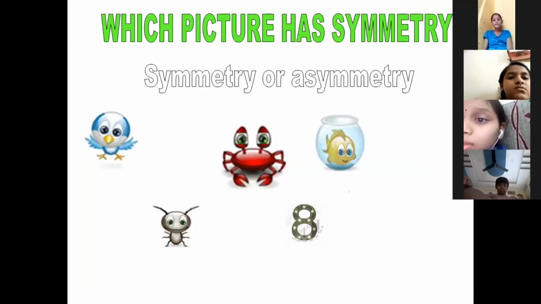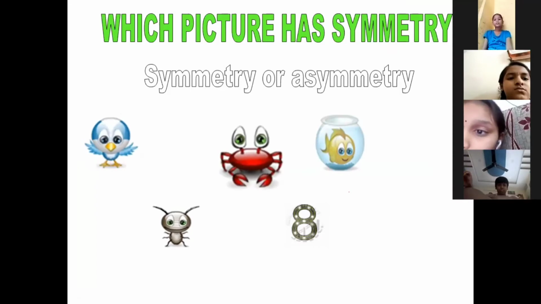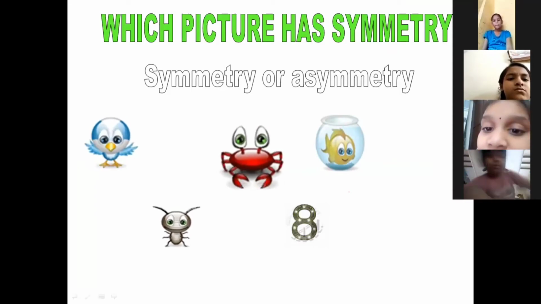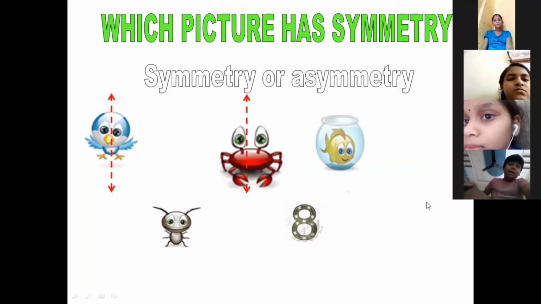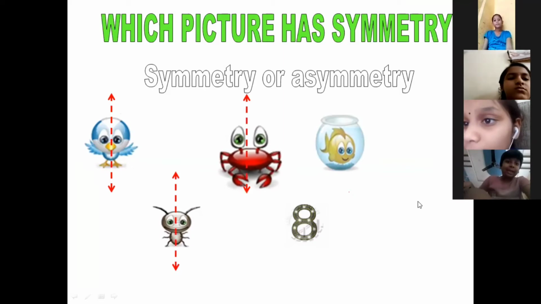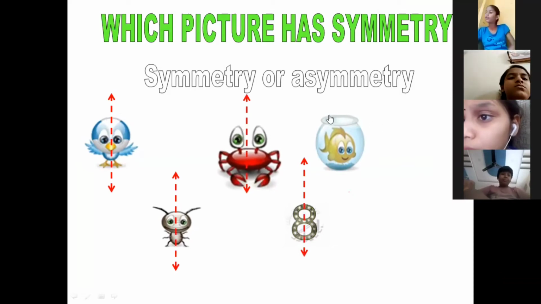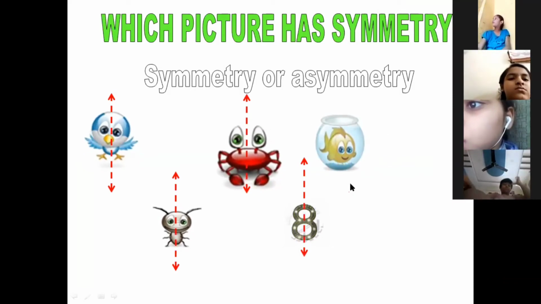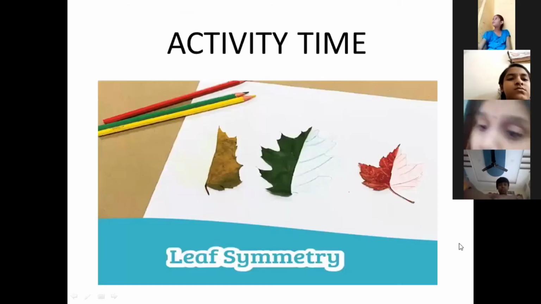Which picture is having asymmetry? The asymmetric picture here is the fish in the pond. It does not have a symmetrical line.